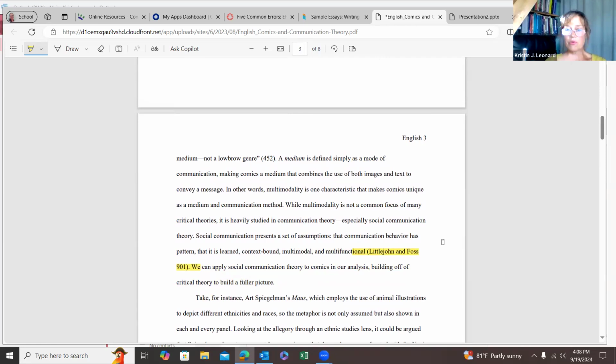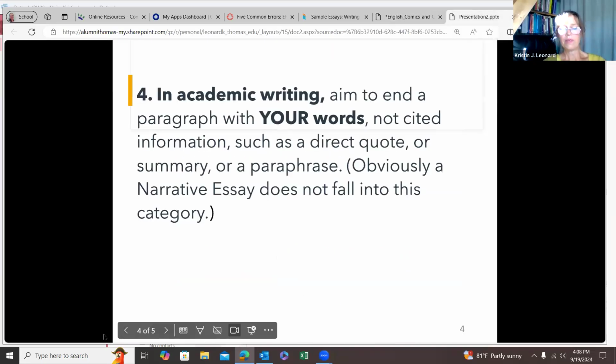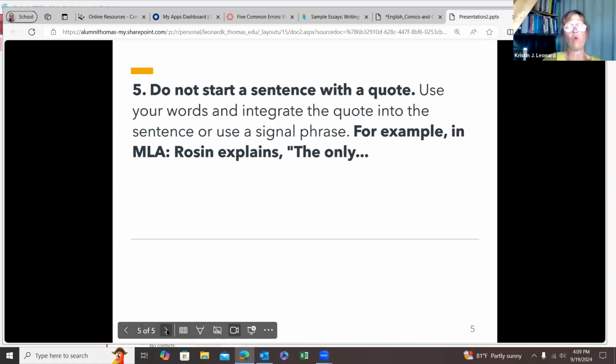This is a summary or paraphrase from Littlejohn and Foss, page 901. But we're ending the paragraph with the writer's words. Okay, so if you want to include something from an outside source, whether it's a literary analysis, whether it's a reflection, or whatever it is, end it with your words. Again, if you're writing a personal narrative, it doesn't apply because the whole thing is first person personal narrative.